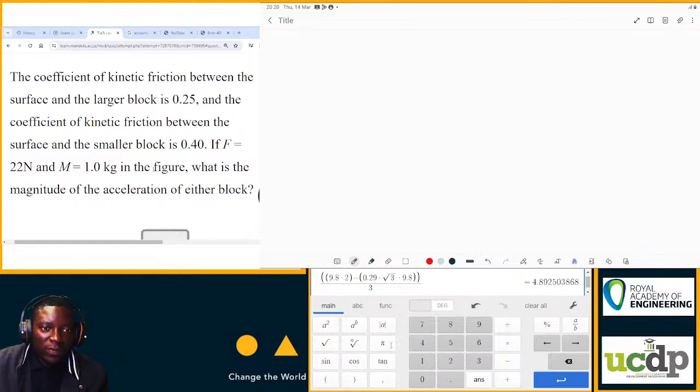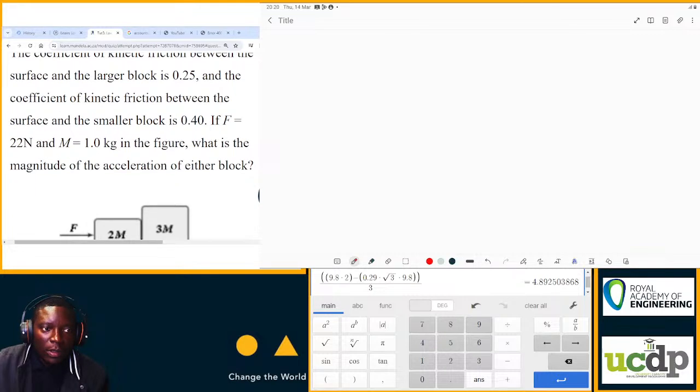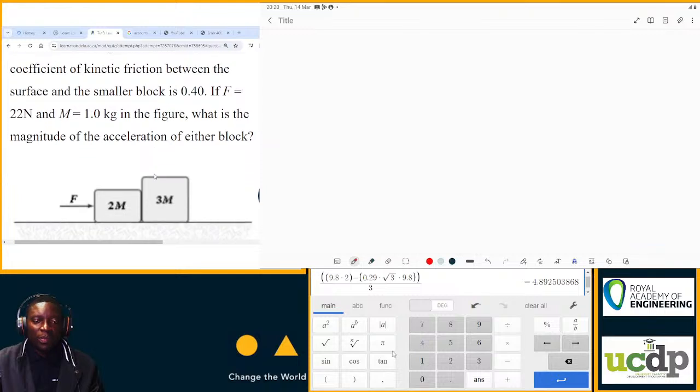The coefficient of kinetic friction between the surface and the larger block is 0.25, and between the surface and the smaller block is 0.4. If F, the force pushing the 2m block, is 22 newtons, and m, the mass referred to in either block, is 1 kg, in the figure, what is the magnitude of the acceleration of either block?